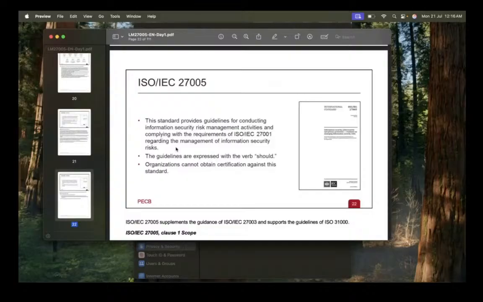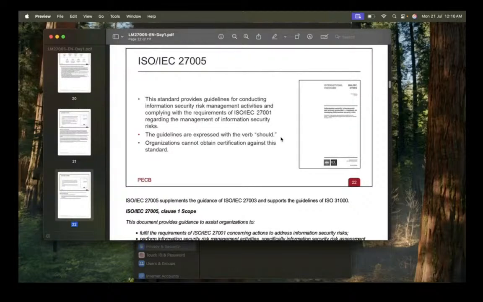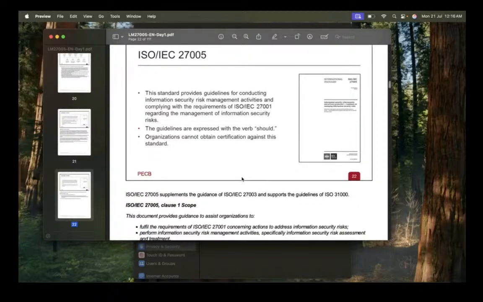There were some requirements in 27001, so basically this 27005 talks about how to comply with those requirements. That is how these two are quite related. I hope you note down the important points here as a refresher or revision when you do it later.